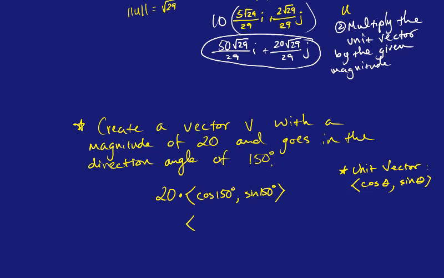So cosine of 150 is negative root 3 over 2, and sine of 150 is positive 1/2. You multiply by 20, and when you multiply it in, you would get negative 10 root 3, comma, 10.